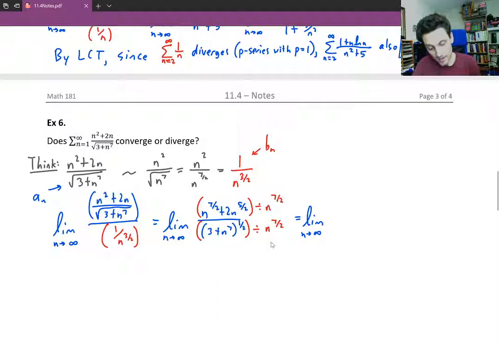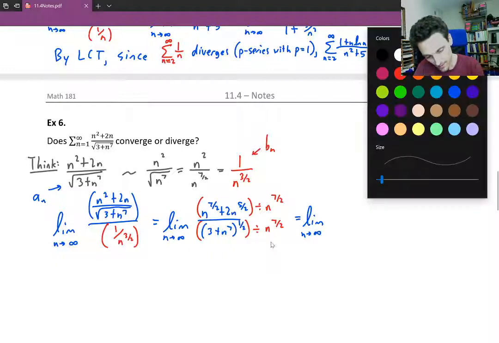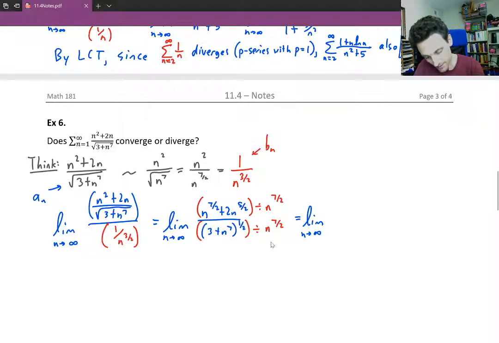And what this looks like is, let me take a little bit of this off to the side here. I'll do this in green. You know what, let's do the top first.